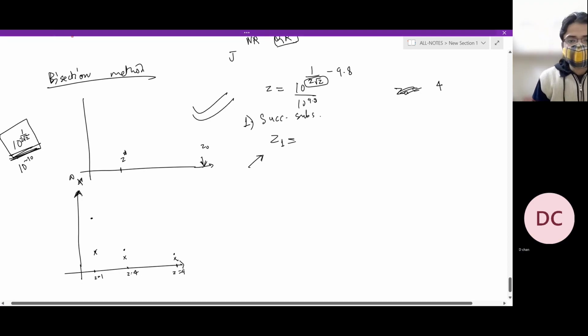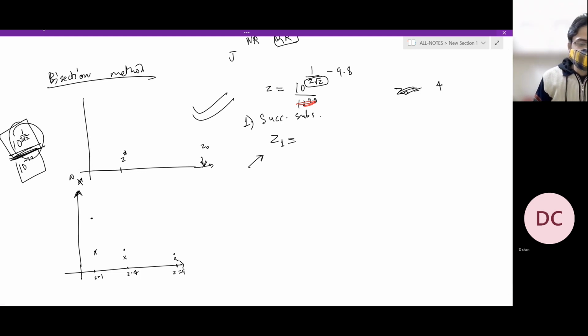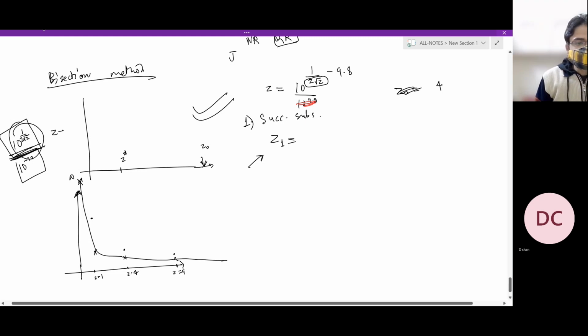So the magnitude of this entire thing is being reduced by an order of 10 to the power 10, so it goes further down here. I don't need to represent it further down because we need to have a certain scale right here. So we can assume that the graph is going something like this. And at z tends to infinity, this entire value becomes 10 to the power 0, the limiting value, minus 10 power 9.8.